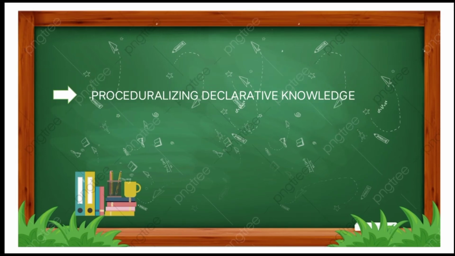So next, proceduralizing declarative knowledge. According to Dr. J.R. Anderson's model, the associative stage is where learners coordinate the elements needed to translate declarative knowledge to procedural knowledge.